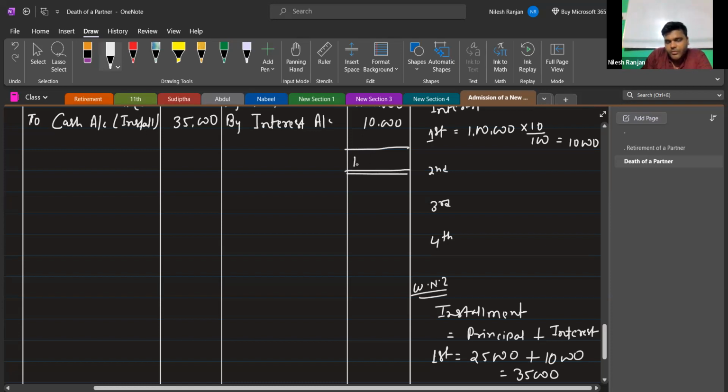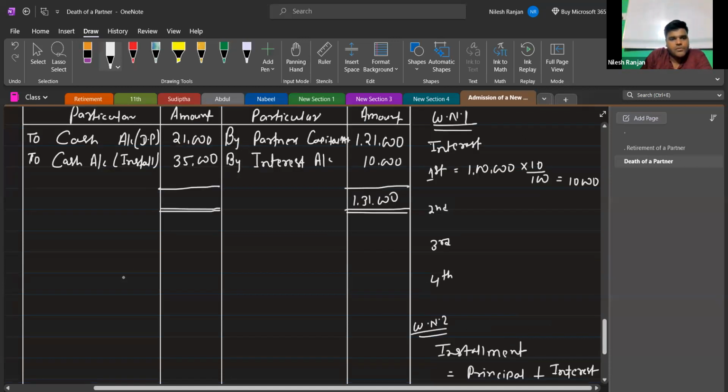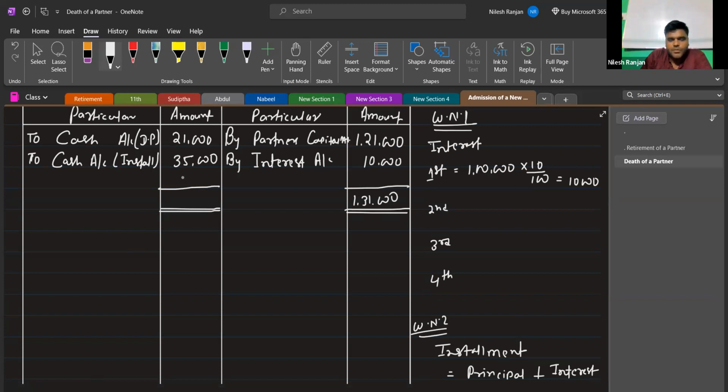The total amount will be 1,31,000. And 75,000 is balance CD.